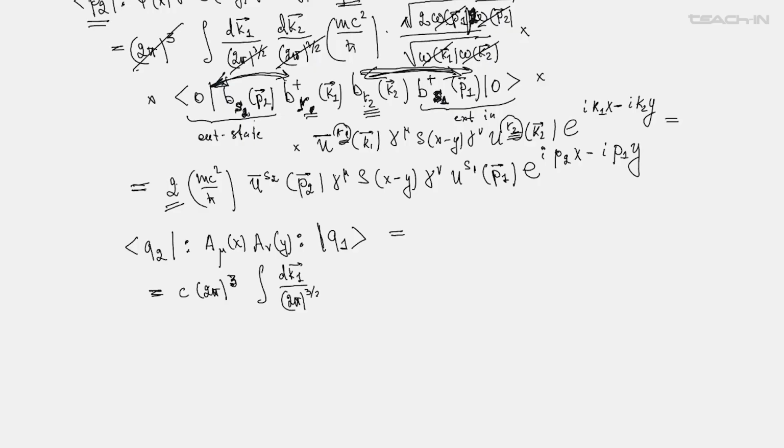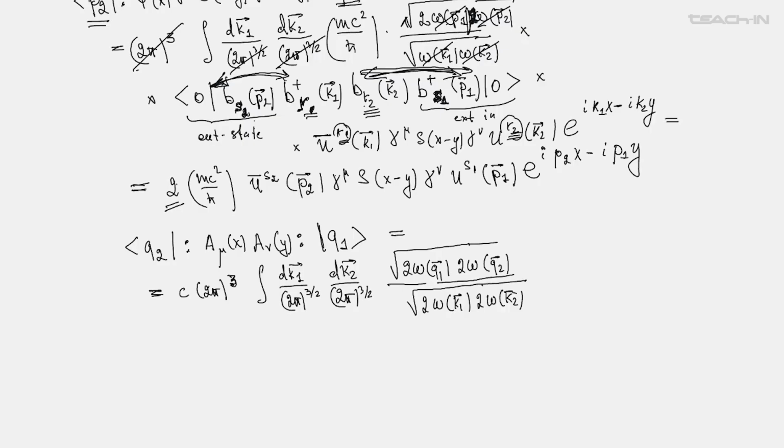Then again, from the normalization of external photons, we get the factors 2 omega on q1, 2 omega on q2. And from photons themselves, we get twice omega on k1, twice omega on k2. Okay, so that comes from A mu and A nu.